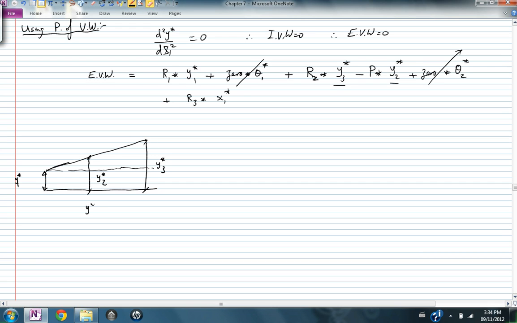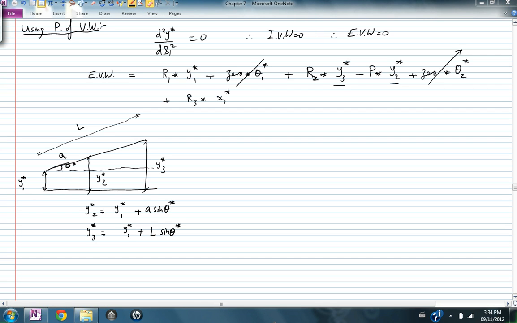Y star 2 is equal to y star 1 plus A sine theta star. And y star 3 is equal to y star 1 plus L sine theta star.